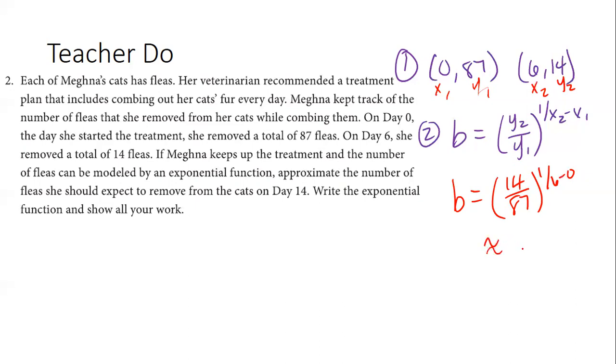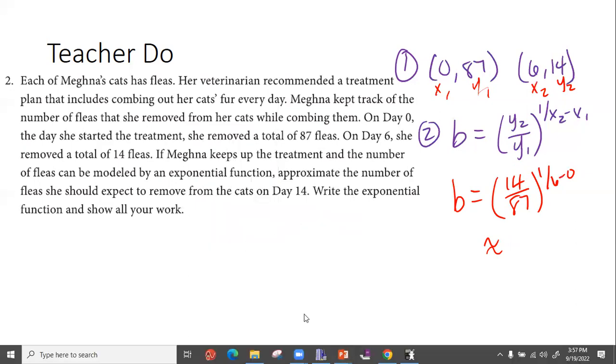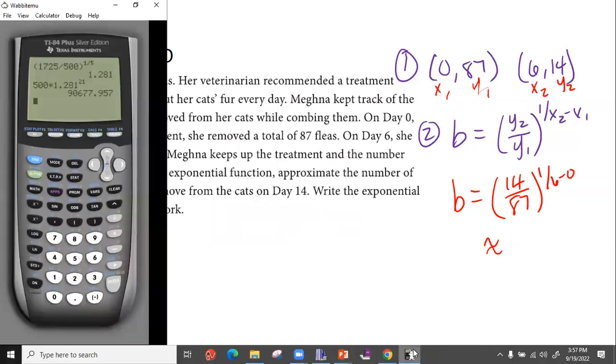Okay, so approximately, what's her rate? What is her growth factor? Yeah, so we're good. I'm going to model it. 14 divided by 87 to the 1 divided by 6.